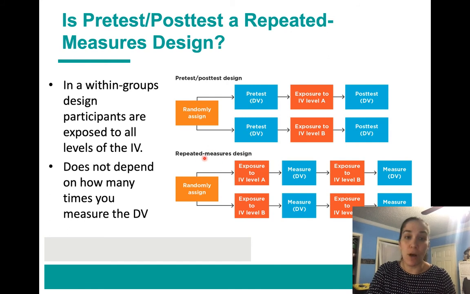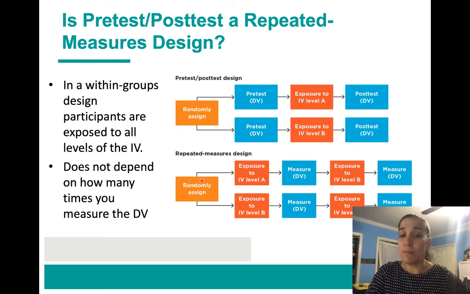So look, we could call this a repeated measures pretest post-test, and we can call this a between subjects pretest post-test. But the only difference is whether they're exposed to every level of the independent variable. In a between subjects design over here, you're randomly assigning participants to either get exposure to one level of the independent variable or the other.